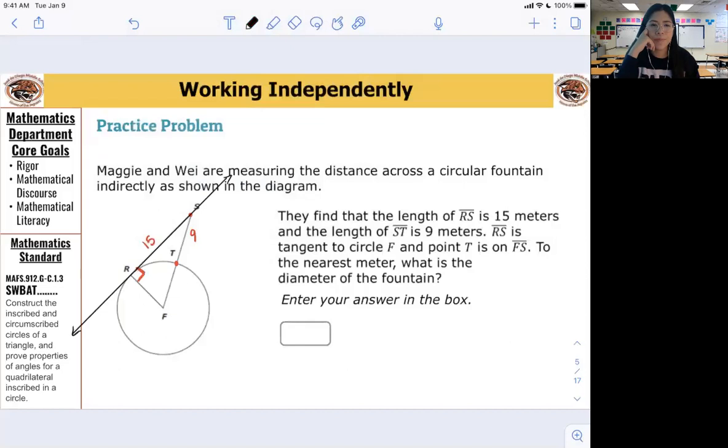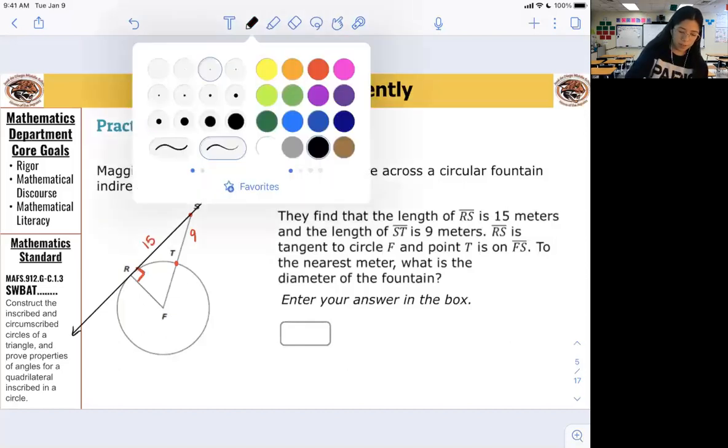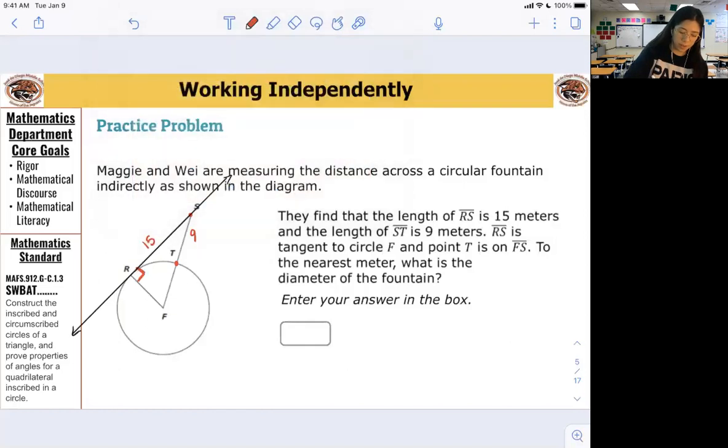No. So all we have is this information. So I could call this one F, this one X. Is there anything else that I can fill in? Is there anything else that I can try to figure out?